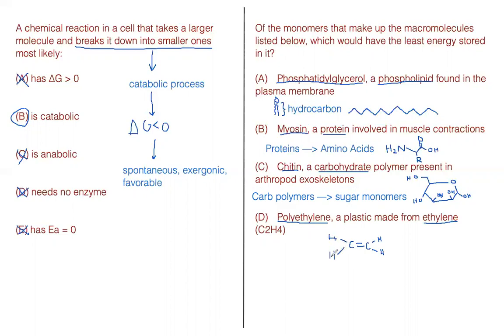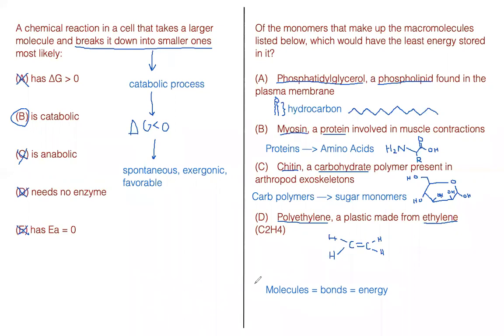It's asking us which of these monomers has the least amount of energy. One way that we can think about this, and I'm going to do it down here, is that larger molecules have more bonds, and bonds equal energy. So let's think about it this way. If I have a large molecule, I'm going to have more bonds. If I have more bonds, I have more energy, right?